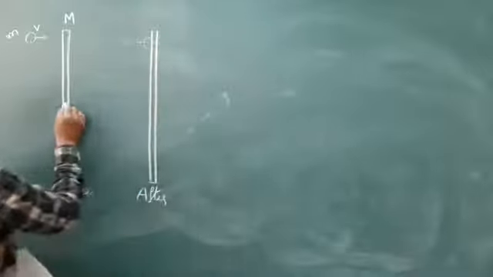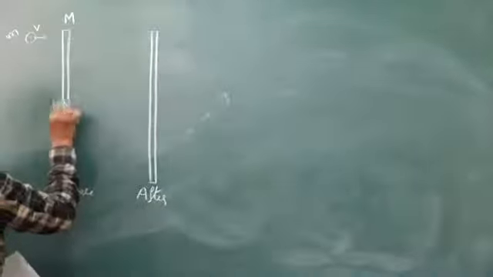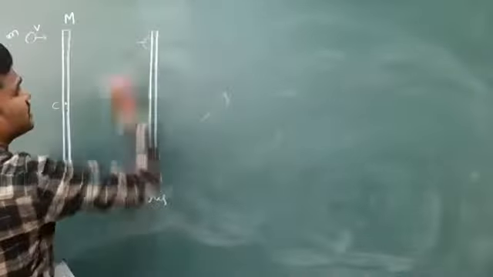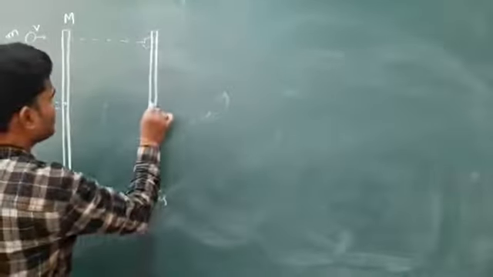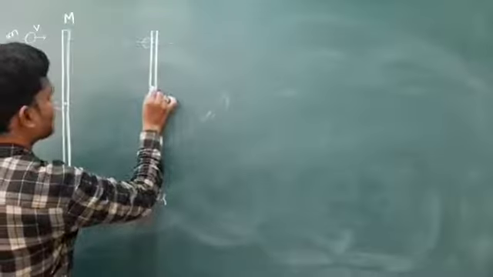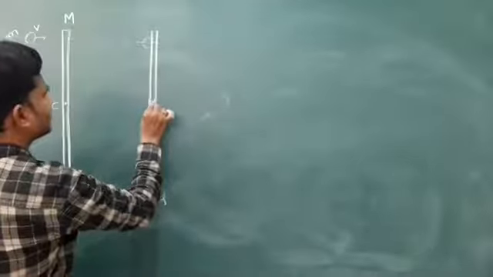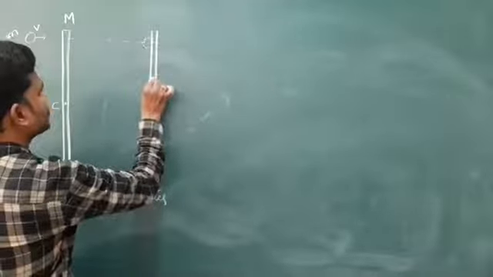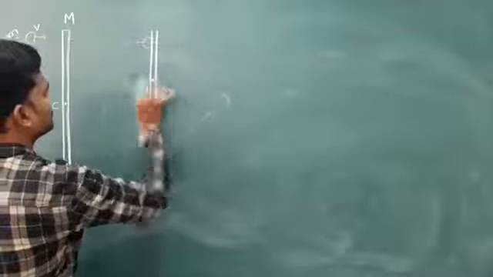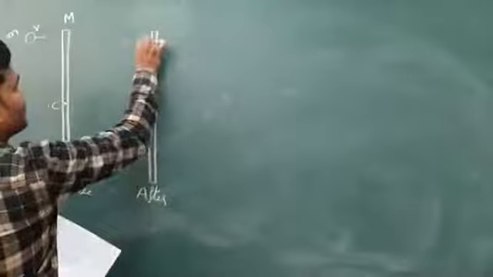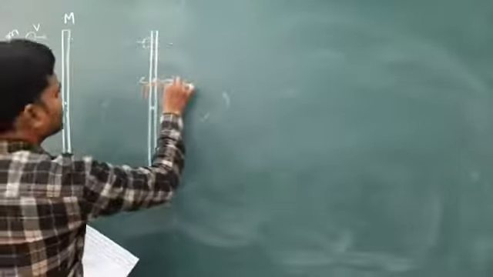Initially the center of mass is here. Once the ball sticks to the rod, the center of mass will shift somewhere. This is the center of mass. And due to this ball, the system will have some speed, something v dash.